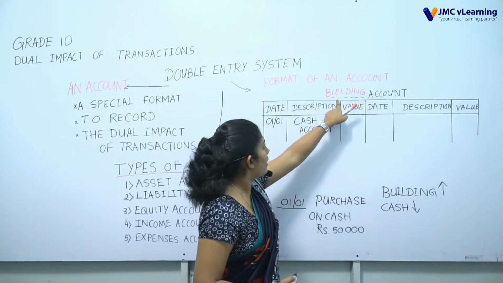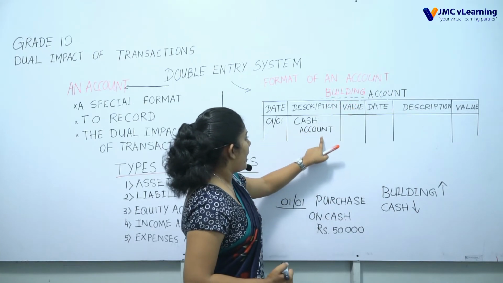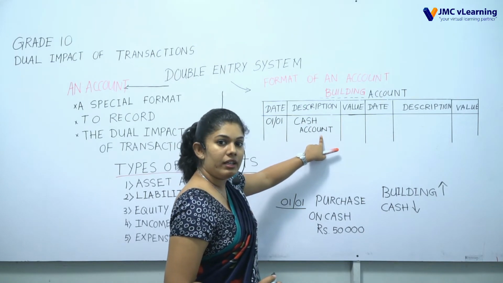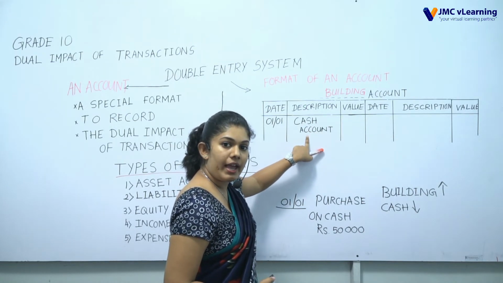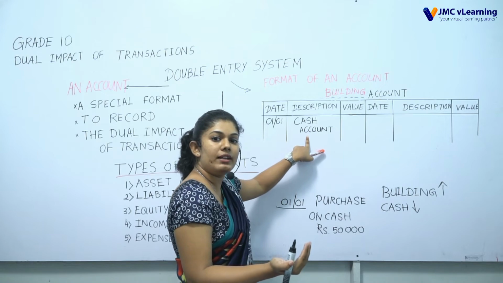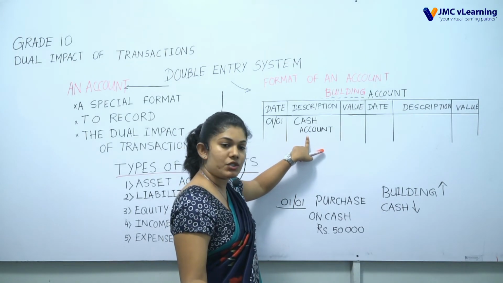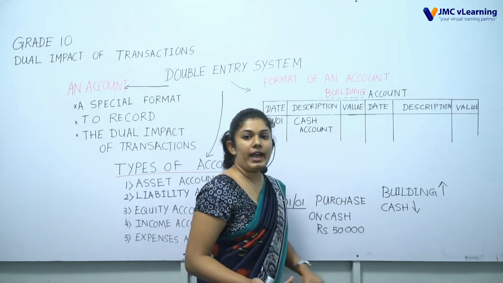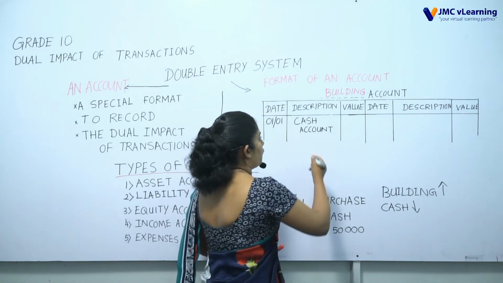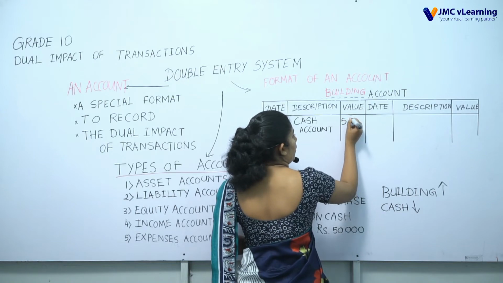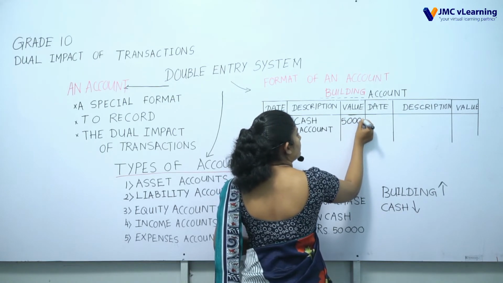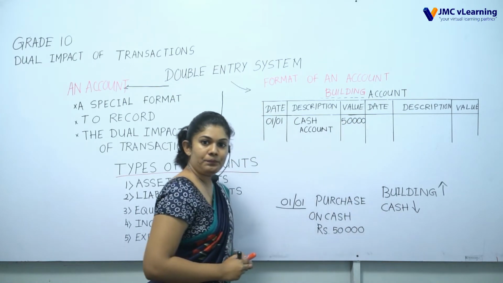In the building account, we record cash account. Why? We spent cash. We purchased the building spending cash. Therefore, the other entry of this transaction is in cash account. Therefore, value we record 50,000 like this.